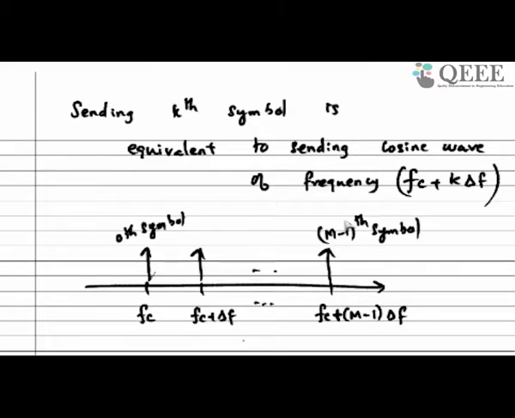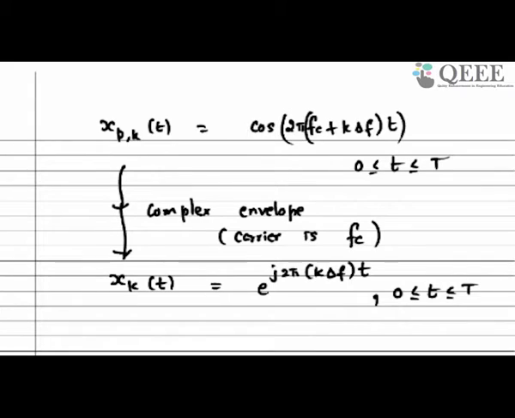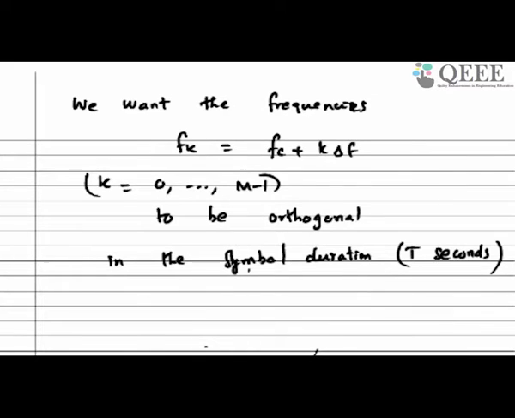Now we have M frequencies and we want to choose them so that they can be easily distinguishable in this T seconds. So we want these frequencies FC plus delta F, FC plus 2 delta F, to be orthogonal in the symbol duration. Let me explain the meaning of this orthogonality.